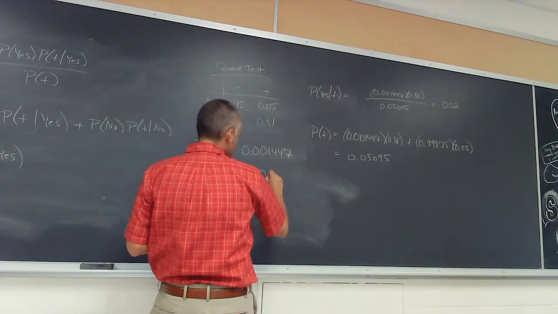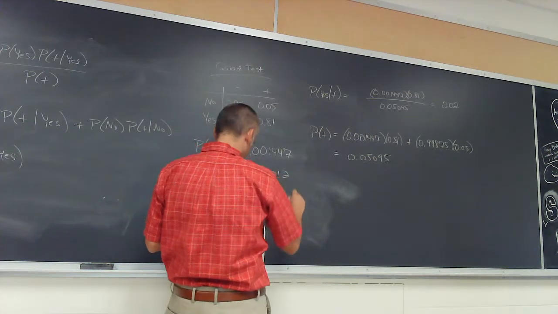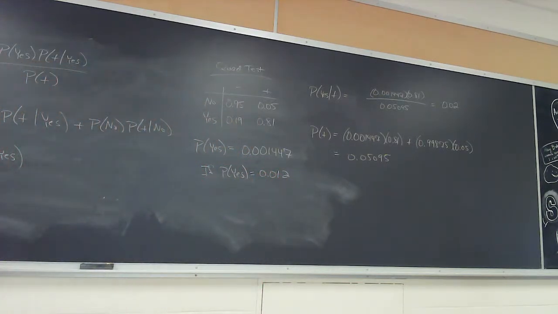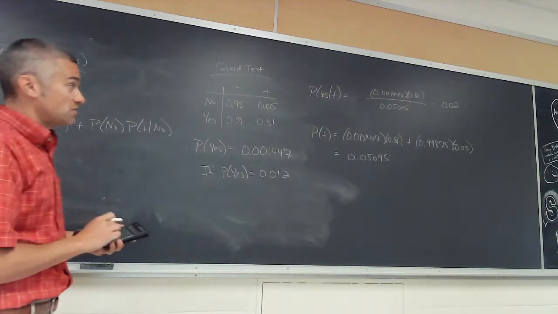So if we change it to a 1.2% chance of having it, how does that change our numbers?